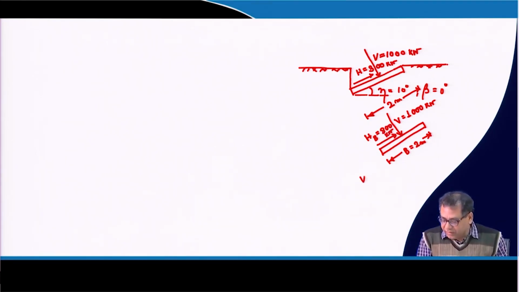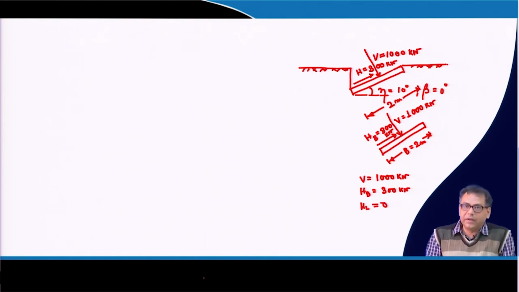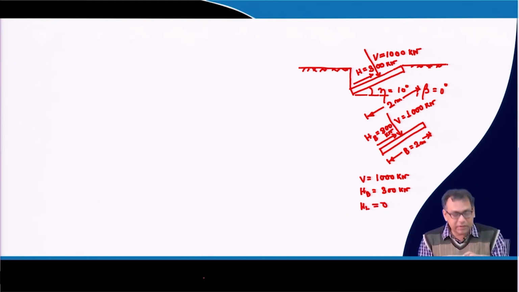So, that means your V is equal to 1000 kilonewton, HB is equal to 300 kilonewton and HL is equal to 0. So, that means no horizontal force parallel to length is acting, the horizontal force parallel to B is only acting.